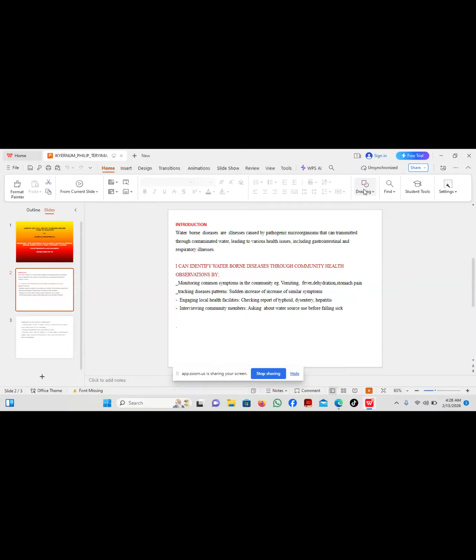Third, engaging local health facilities by checking reports of typhoid, dysentery, and hepatitis. Fourth, interviewing community members, asking about water source use before falling sick.